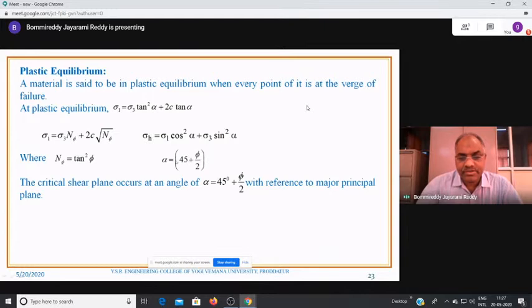That means the failure plane is always at an angle of 45 plus phi by 2. So just remember the plastic equilibrium equation sigma 1 equals sigma 3 tan square alpha plus 2c tan alpha, where alpha equals 45 plus phi by 2.